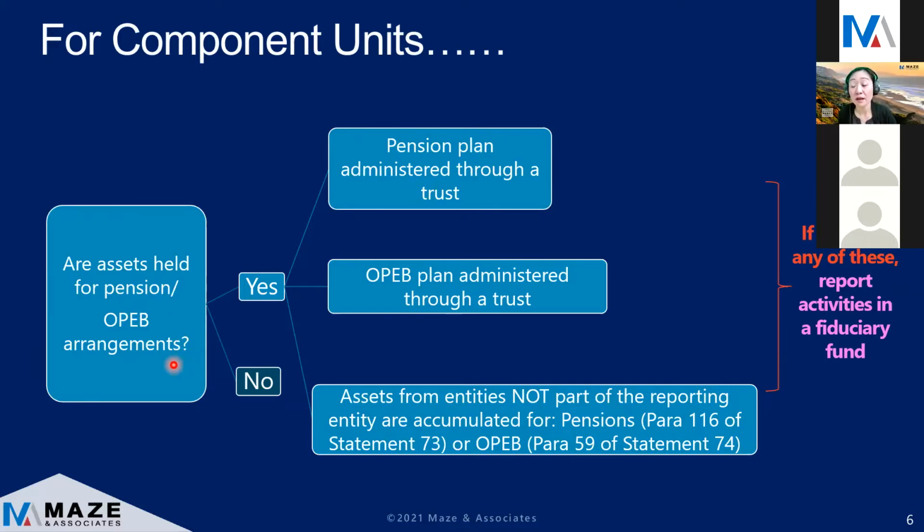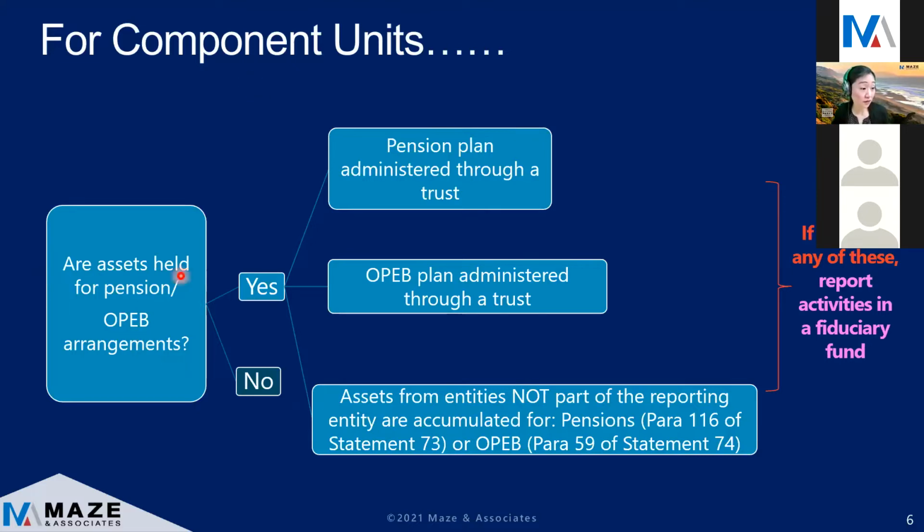So this is just a warning: I'm very nerdy, I'm sure most of you know. This class has a lot of flow charts, so just bear with me. I'm hoping that this will help you classify your fiduciary activities easily.